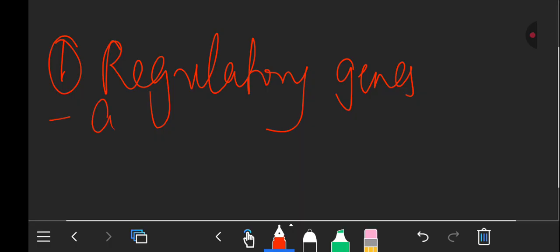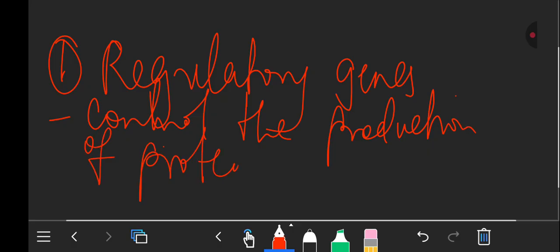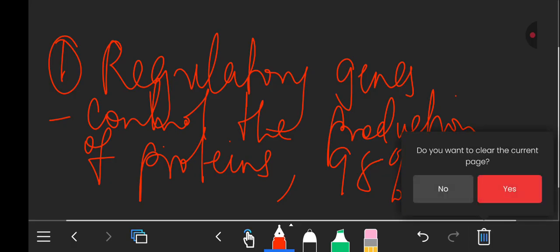These are genes which control the production of proteins. And these regulatory genes, there are too many. About 98% of the genes we have are regulatory genes, and only 2% are structural genes.